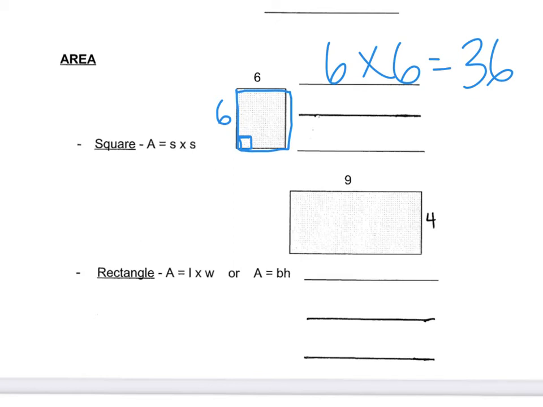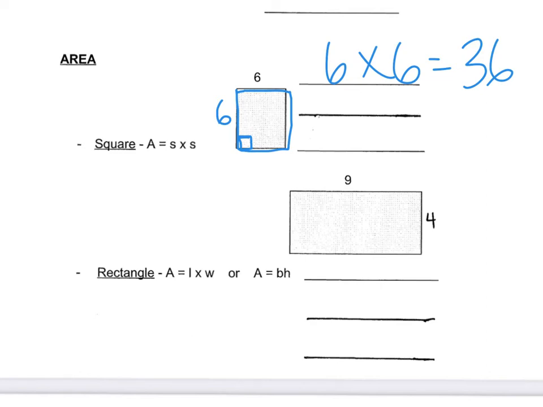Okay, let's move down to the rectangle. It's really the same thought process. How many square units does it take to cover that rectangle? And it's different now because I'm dealing with a rectangle, not a square. So I'm going to shift my formula here to A equals L times W, or length times width.